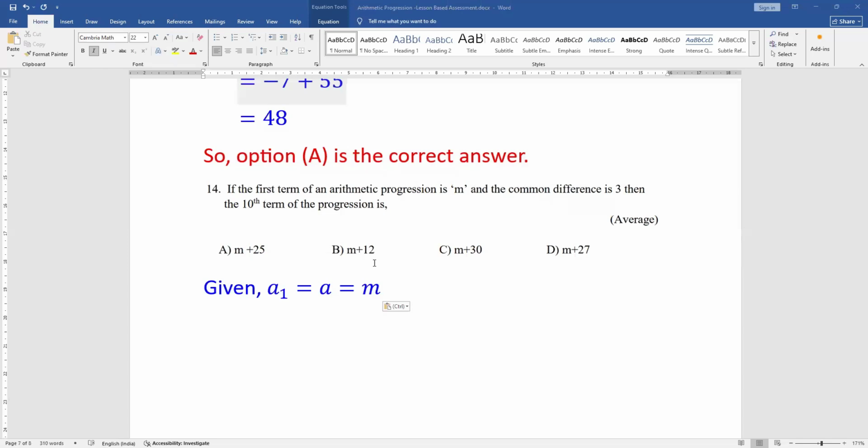Next, d, the common difference, is equal to 3. Next, what we need to find out? We need to find the 10th term, so it is to find a10.